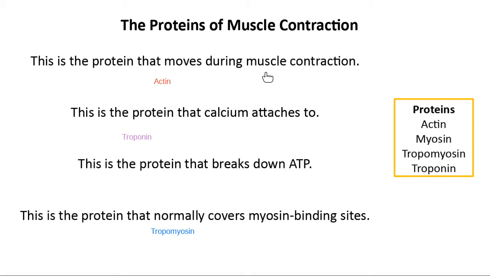Myosin changes its shape because at one point it was attached to ATP, but then it breaks down that ATP, and when it breaks down that ATP, that changes its shape and allows it to pull along actin. So the last protein that we're labeling here is myosin, the protein that breaks down ATP and forms a thing called the cross bridge when it interacts with actin.